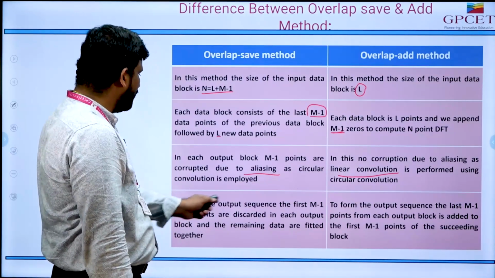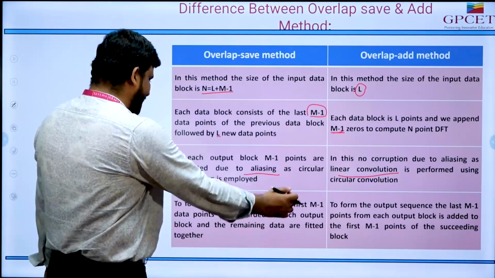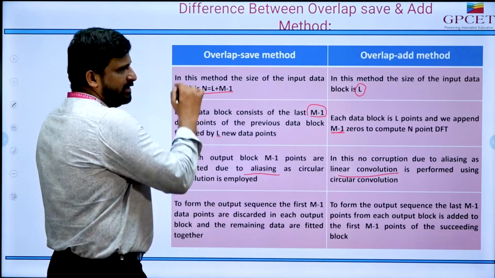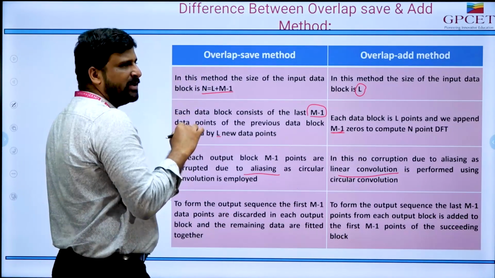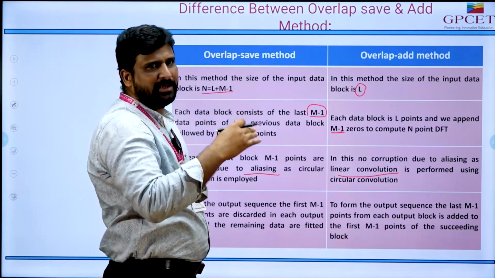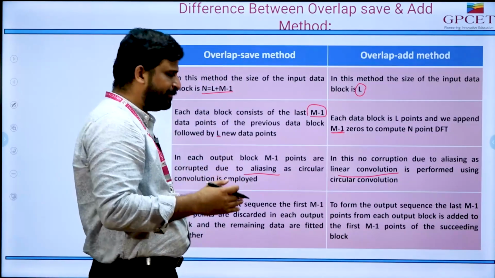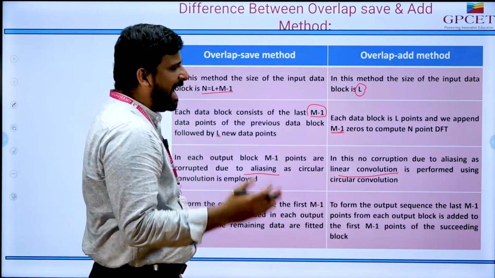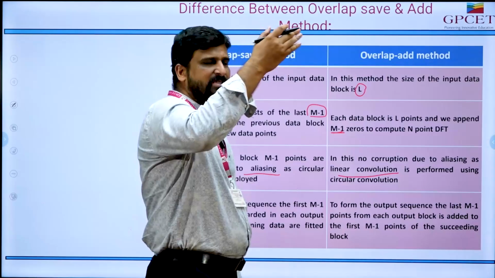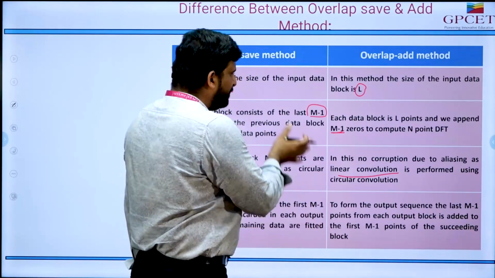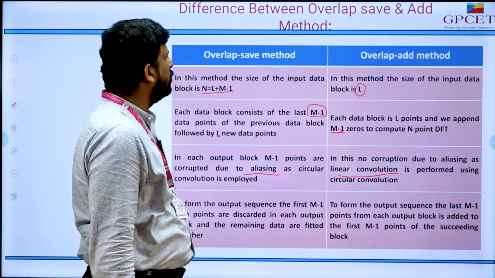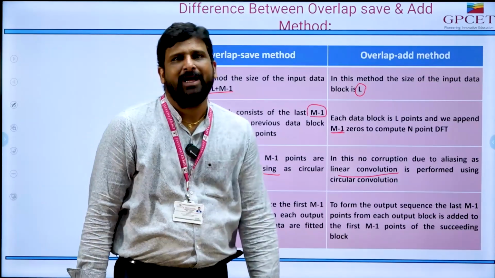And finally, to form the output sequence, the first M minus 1 data points are discarded. We discard the first M minus 1 samples in all the sequences, whereas in this one we are adding the M minus 1 samples of the first sequence to the next. So these are the main differences between the overlap save method and the overlap add method.